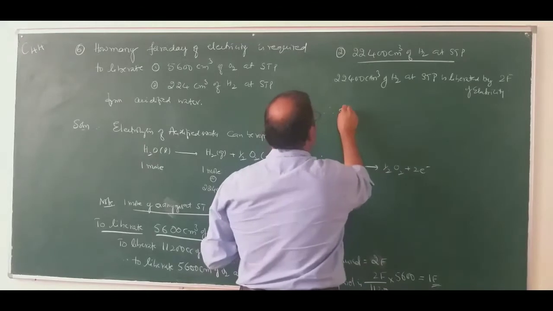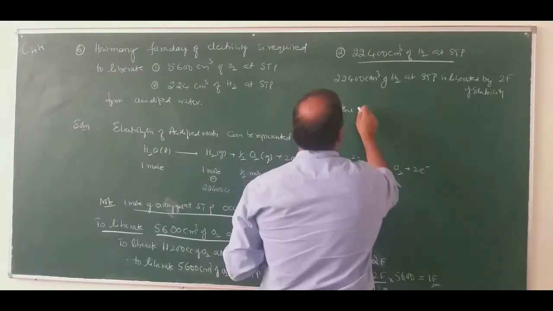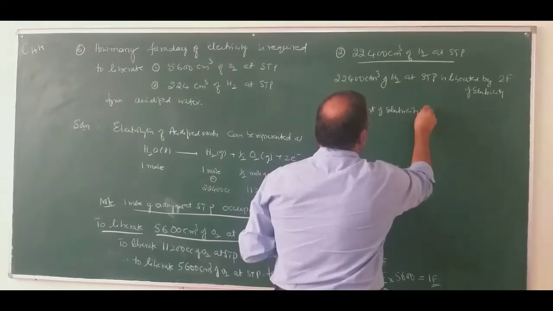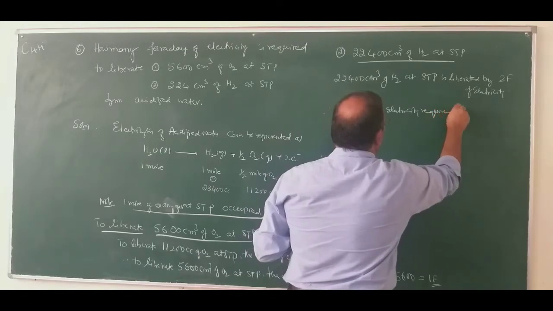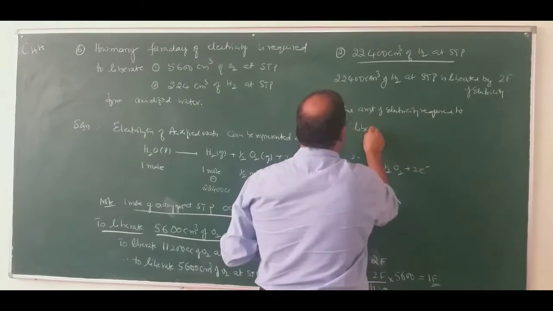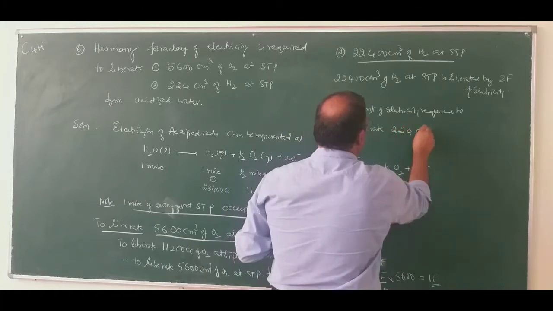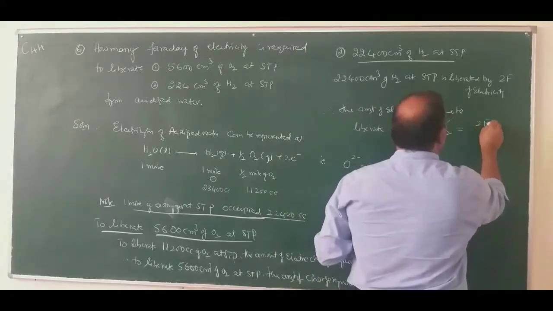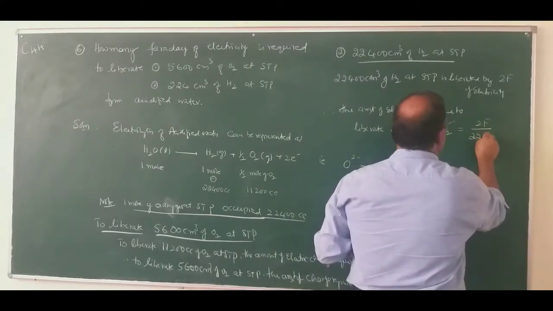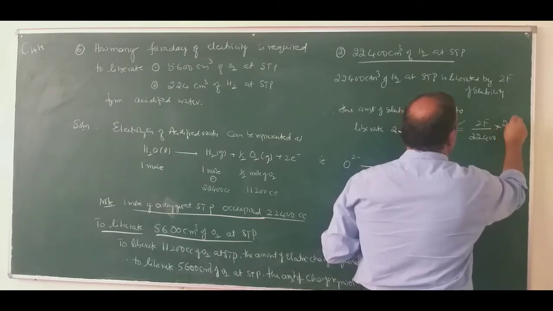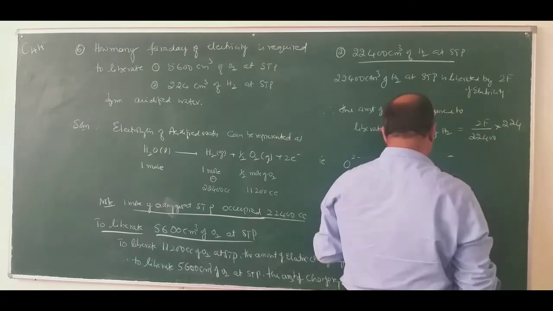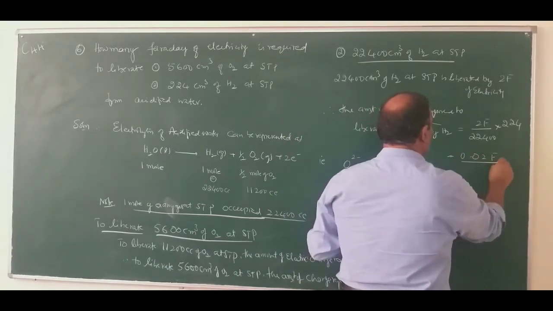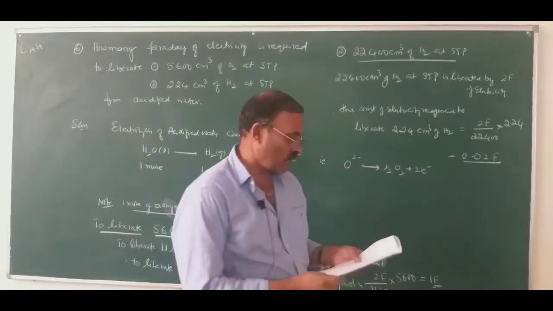Therefore, the amount of electricity required to liberate 224 cm cube of hydrogen equals 2 Faraday divided by 22,400 into 224. So that is equal to 0.02 Faraday.